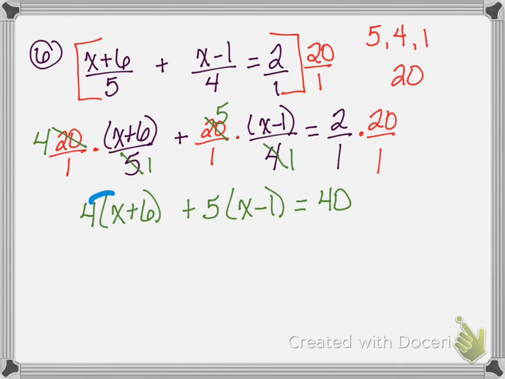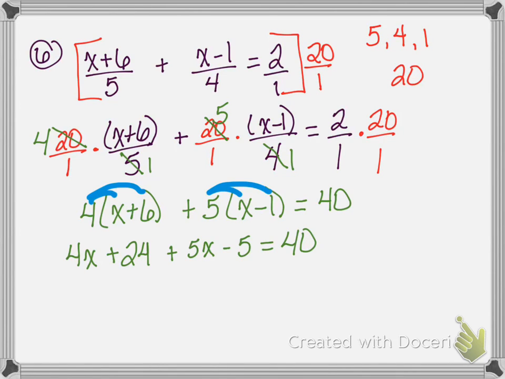So I still need to distribute here. Okay? 4 times x is 4x. 4 times 6 is 24. 5 times x is 5x. 5 times negative 1 is negative 5.